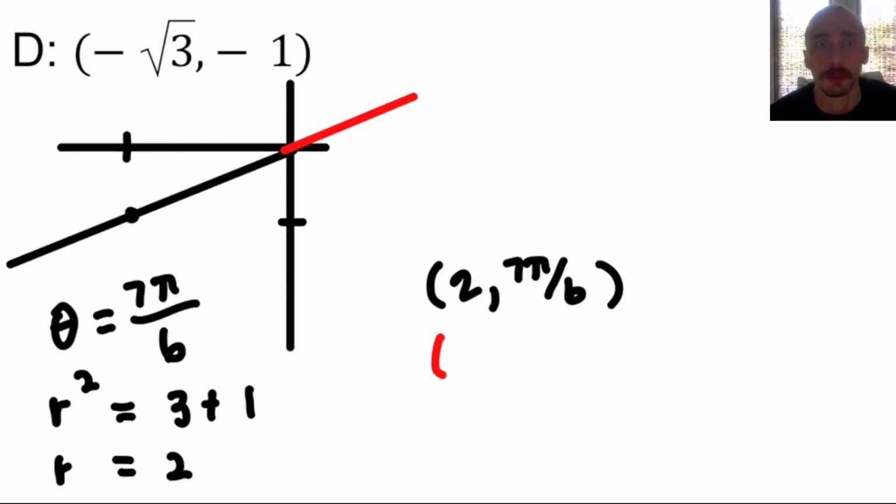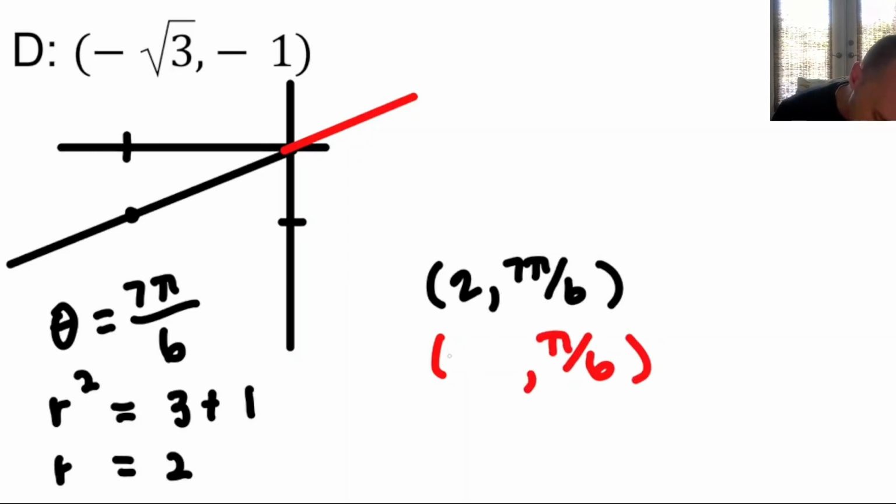Yeah, and that makes sense because if I subtract pi from 7 pi over 6, look all the way across the circle, I'm going to be sitting on pi over 6. And that would be where r was negative, right? Because I am in the third quadrant where x and y are both negative. And so if I'm thinking about pi over 6, I need to be going backwards, and that's where we get that negative r value.